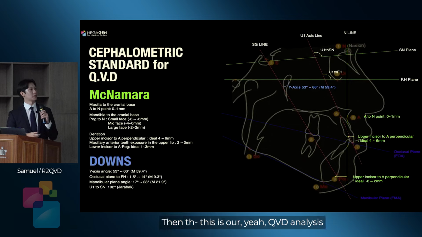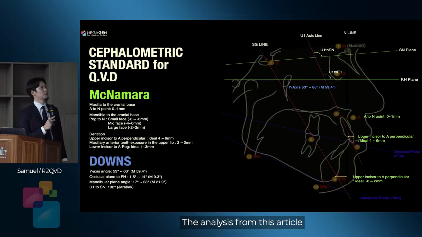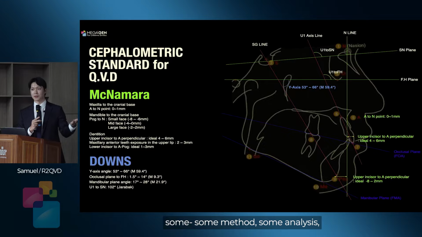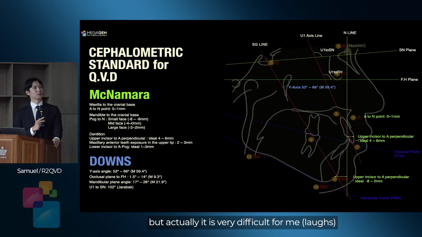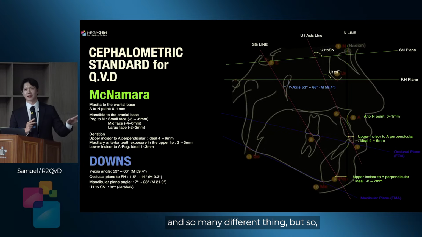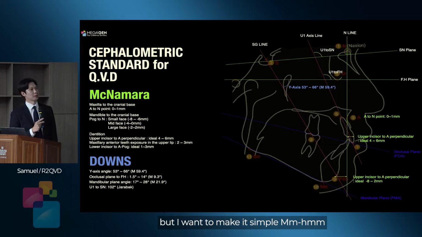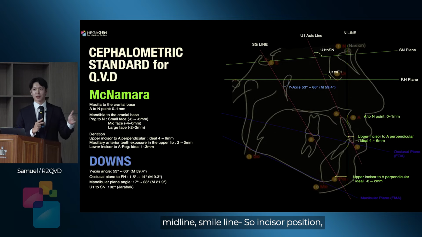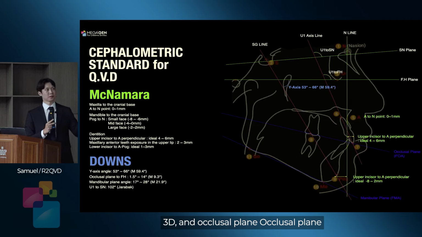Then this is our QVD analysis, the analogy from this article. Usually I checked a lot of cephalometrics, methods and analyses, but actually it is very difficult for me. There are so many references and so many different things, but I want to make it simple. So I just need 5 pieces of information: midline, smile line, incisor position, VD, and occlusion plane.